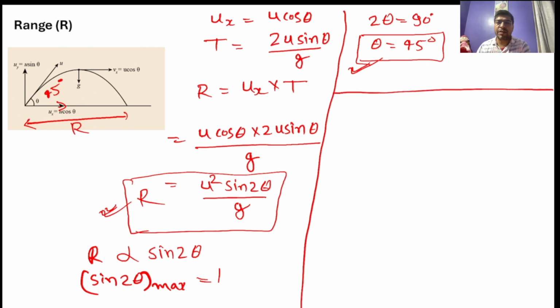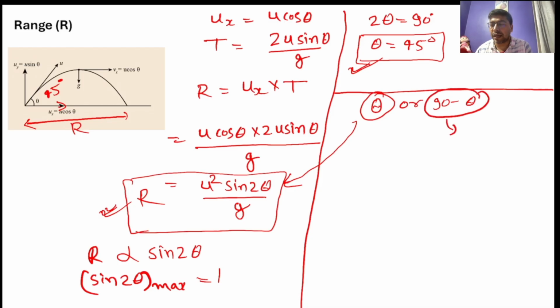Now there is one more very important result we can get here. Throw the object at angle theta or 90 minus theta, and you will get the same range. For theta angle, we already derived the formula. Now for 90 minus theta angle, we have to check whether the range comes out the same or different. So write down R is equal to u square sine 2 into 90 minus theta divided by g.